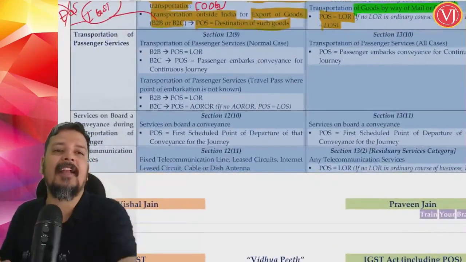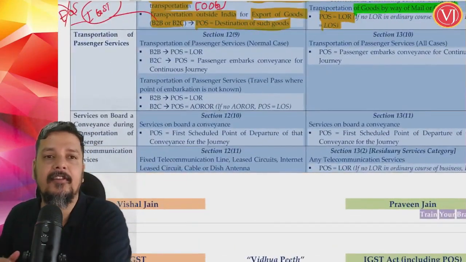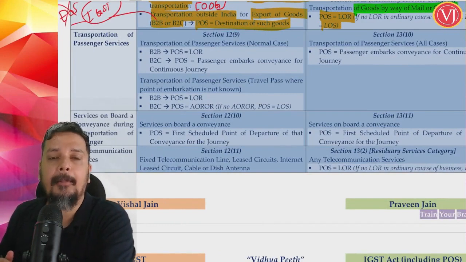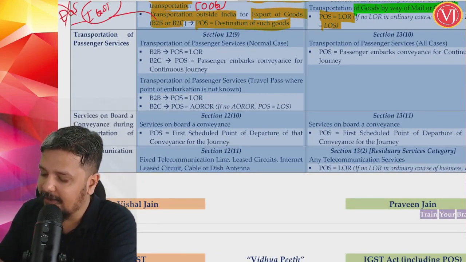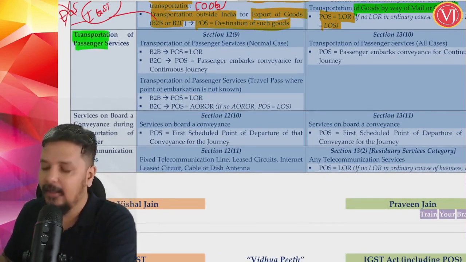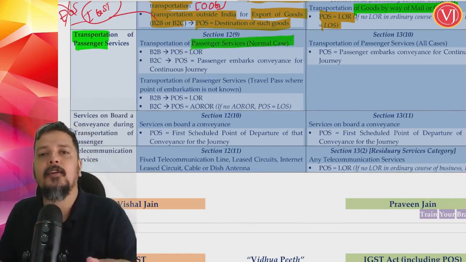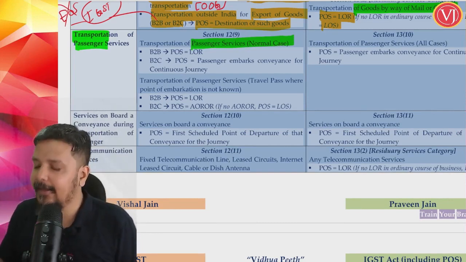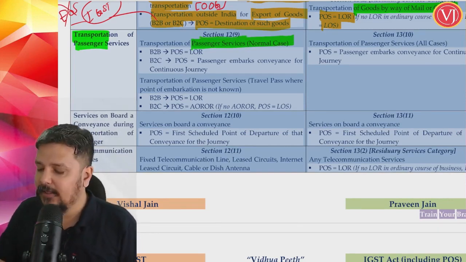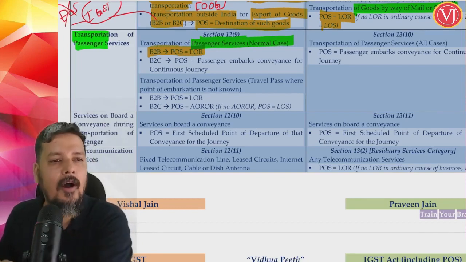Now the moment we see transportation of goods, the next thing which obviously will come to your mind is transportation of passenger services. When you talk about transportation of passenger services, if the transportation of passenger happens in section 12, which means both LOS and LOR in India, normal category. If it is the normal category, B2B, the answer is very clear, LOR.